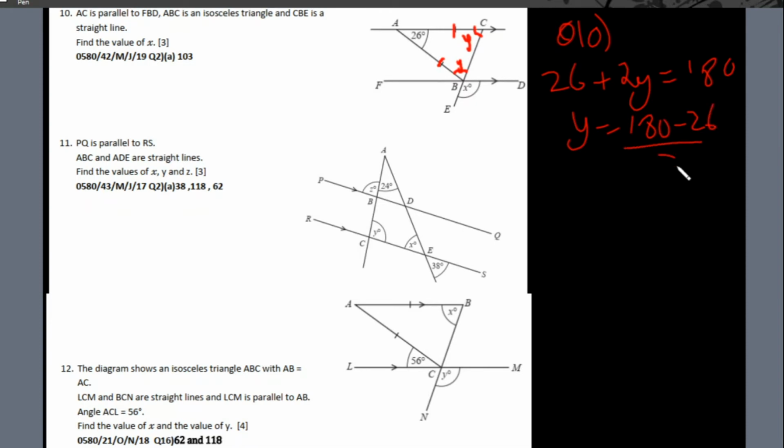If these two lengths are equal, then these two angles would be equal as well. Let's say this is y, then this is y as well. So 26 plus 2y equals 180. To find y, we'll subtract 26 from 180 and divide by 2.